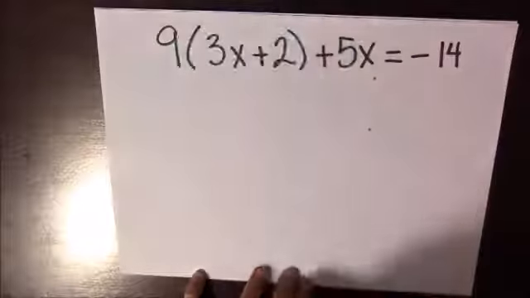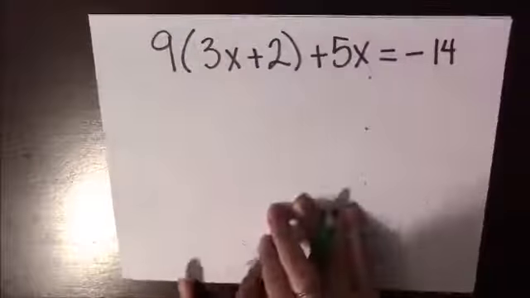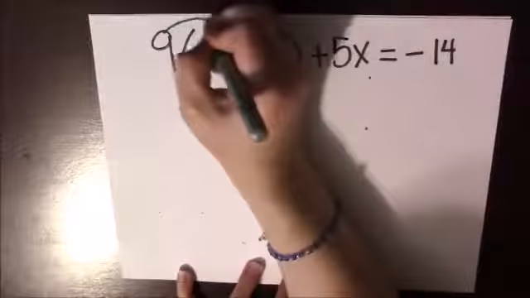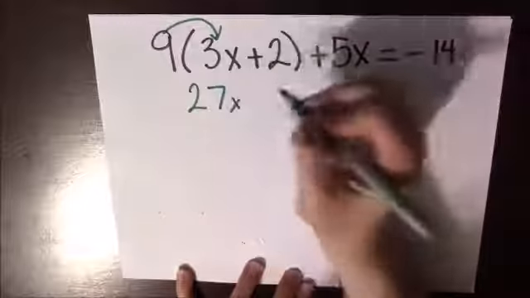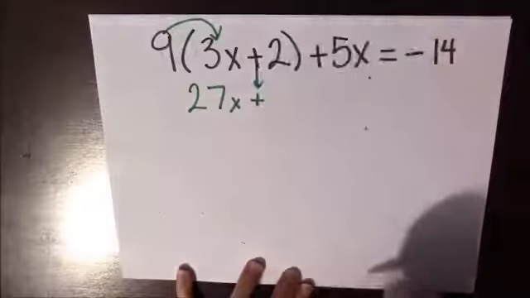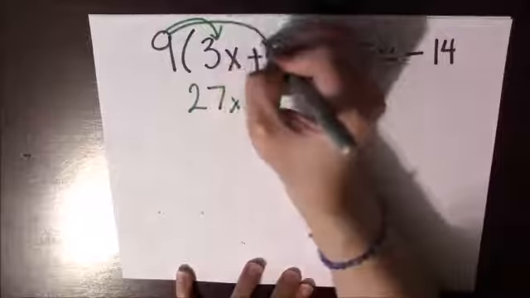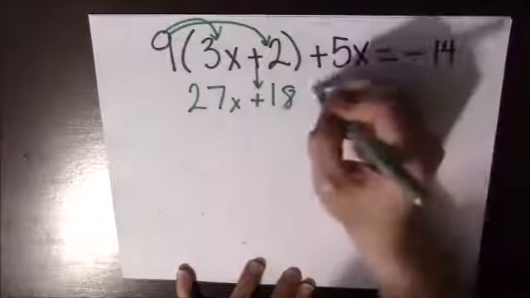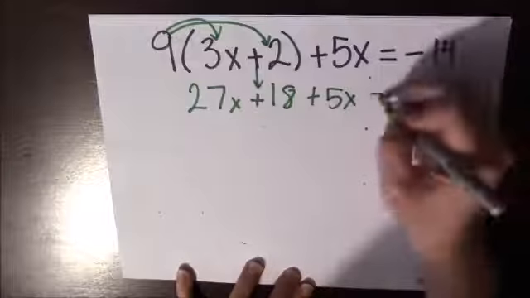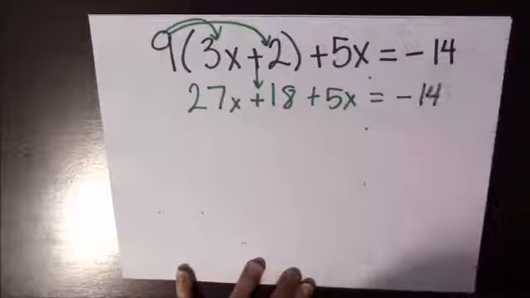So I start by using the distributive property. It's always first. So 9 times 3x is 27x, plus, bring that straight down, 9 times 2 is 18, and then bring the rest down too, plus 5x equals negative 14.